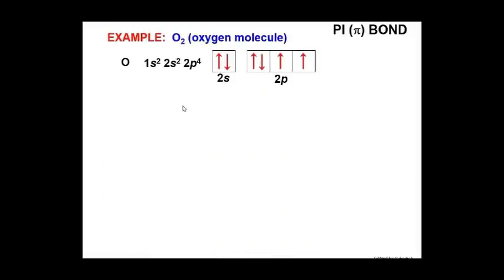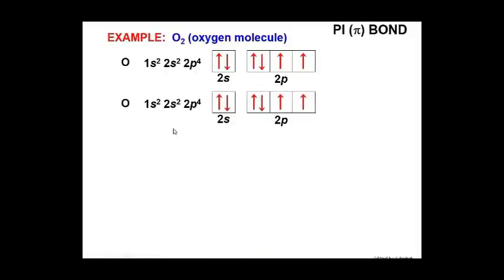An oxygen atom has 6 valence electrons. Based on the electrons in the orbital diagram, two of the 2p orbitals contain only a single electron.